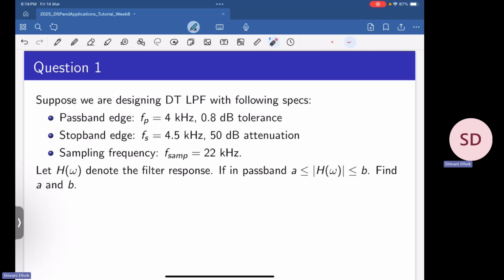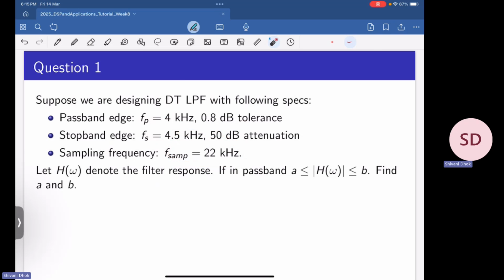The first question says that suppose we are designing a discrete time low pass filter with the following specifications. We have a pass band edge of 4 kilohertz with a tolerance of 0.8 dB, and a stop band edge of 4.5 kilohertz with an attenuation of 50 dB, and the sampling frequency is given as 22 kilohertz.